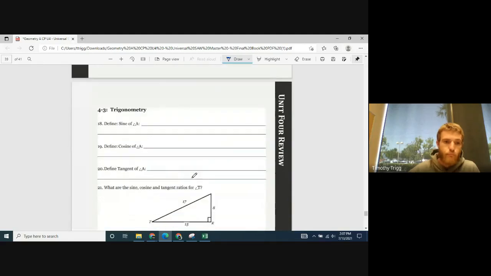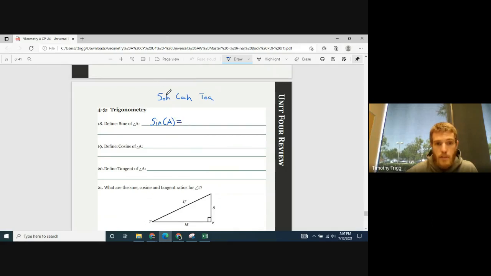Next page. Define sine of angle A, cosine angle A, tangent angle A. So hopefully you remember, and I've shown you this when we go over the packet. SOHCAHTOA. This tells you that sine of an angle, sine of A in this case, equals opposite over hypotenuse.